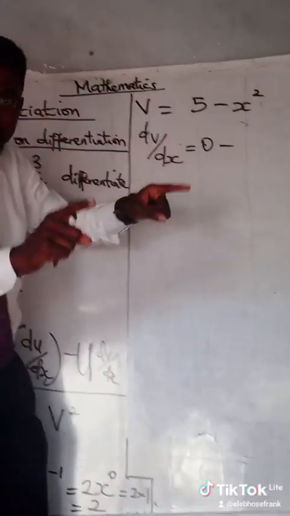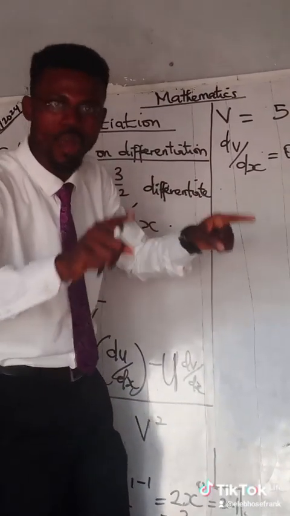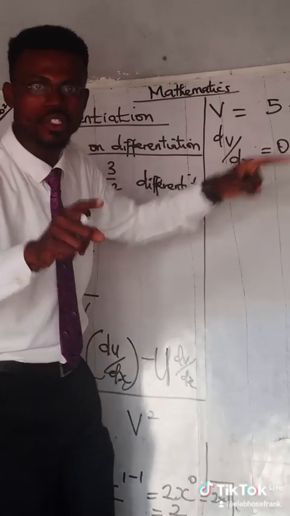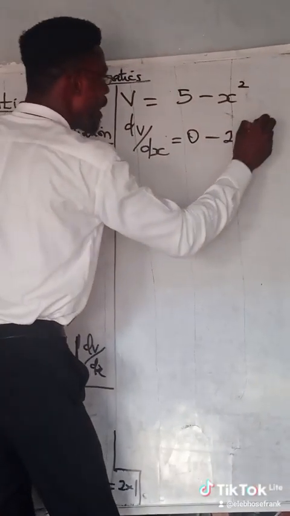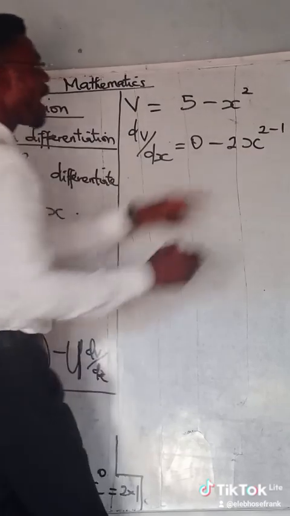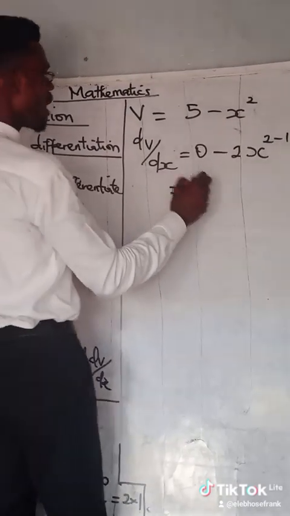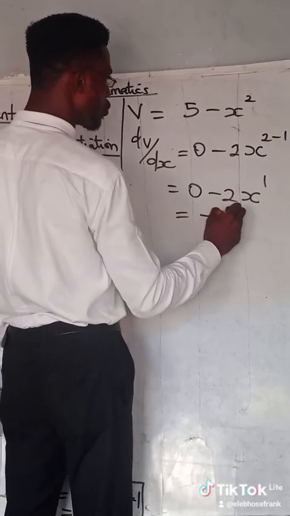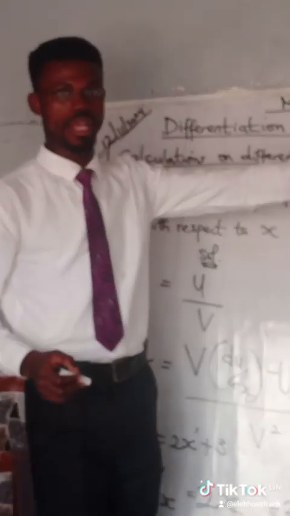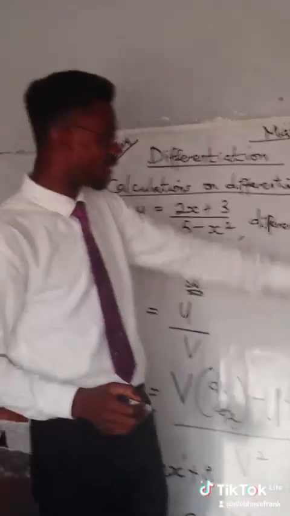In mathematics a is written as 1a, b is written as 1b, x squared is written as 1x squared. So 2 multiplying 1 gives 2x. Now I reduce the power by 1. This gives 0 minus 2x raised to power 1, which is written as −2x. So the derivative of v with respect to x, dv/dx, equals −2x.